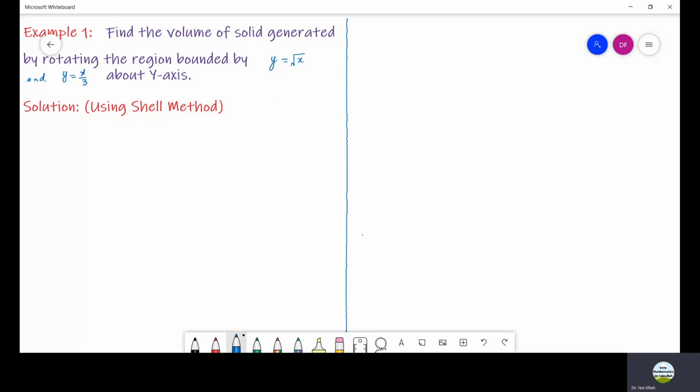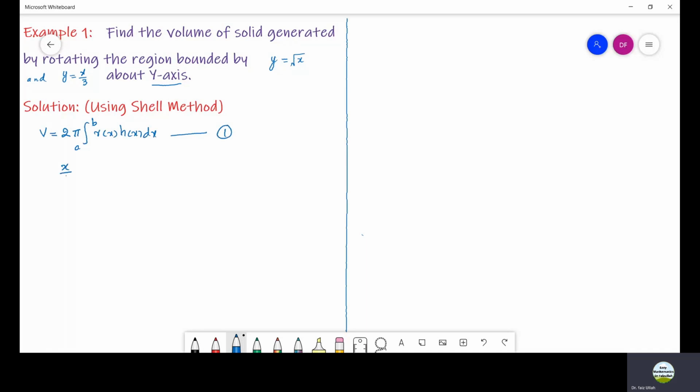In example number 1, we use the shell method to find the volume. As we are rotating the region about the y-axis, therefore we use the shell formula. V is equal to 2 pi, integration from a to b, r of x times h of x dx. And let us say this is equation number 1. Now the first task is to find the points of intersection.